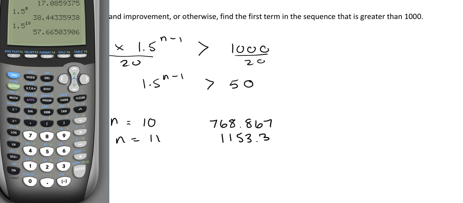So the first time it's over 50 is when n minus 1 is 10, and if n minus 1 is 10, n has to be 11. Now what I then did was chuck that back into the original one and check that it gives me numbers over 1,000. That's where these two numbers come from. And it does work.